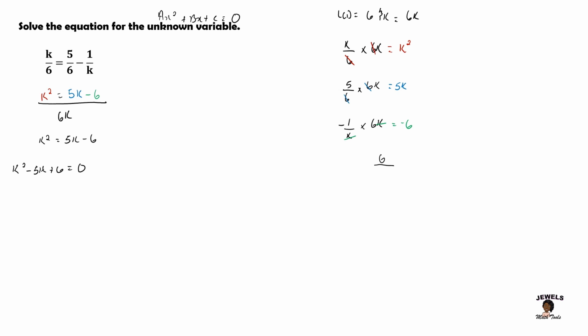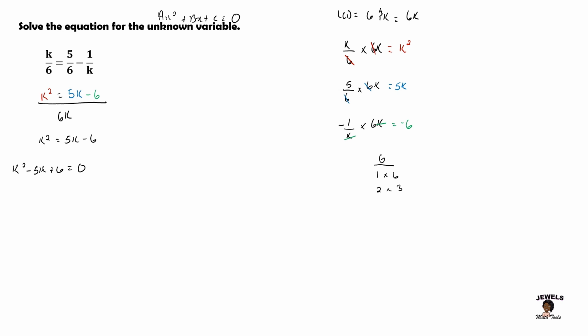So now in factoring this question, I will be looking at my number 6, which is my constant. And looking at my number 6, I am also taking the -5k into consideration. So I'm looking for a way that I can multiply to get 6. In multiplying to get 6, there are two things I need to consider.